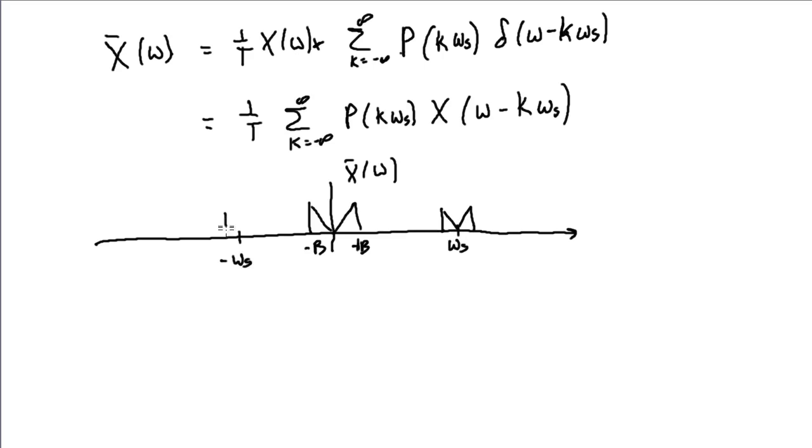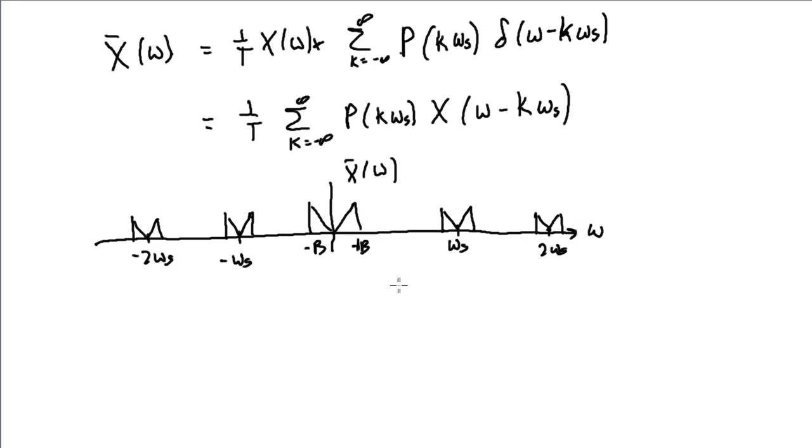Previously, the replicas all had the same height. Now the height is determined by the value of the Fourier transform of p(t) at omega_s, and then at 2 omega_s and 3 omega_s, so these replicas all have different heights, unlike the ideally sampled case where all the replicas were identical.